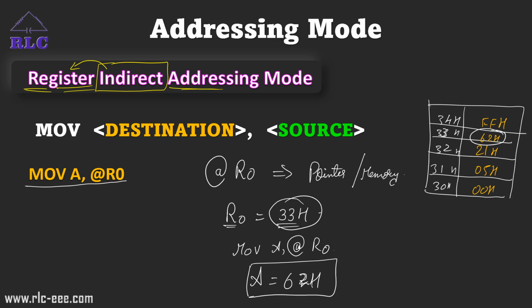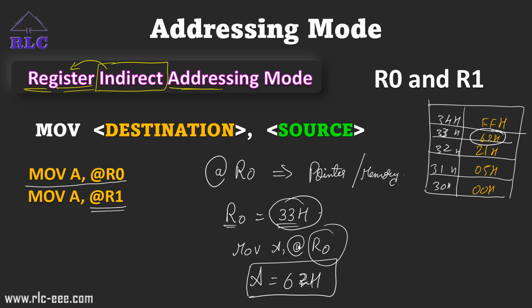So this is the register indirect addressing mode. In register indirect addressing mode, it is not that we can use all the registers R0, R1, R2, R3 and so on. We can use only two registers, R0 and R1.